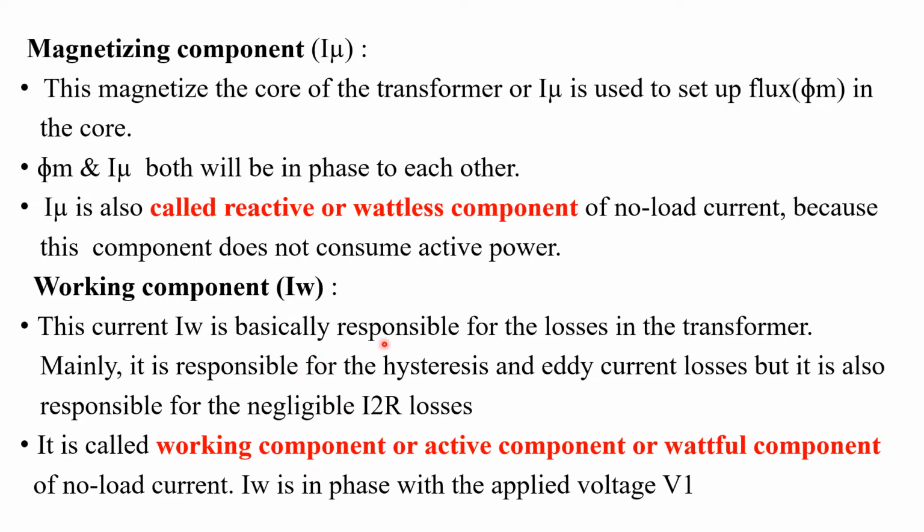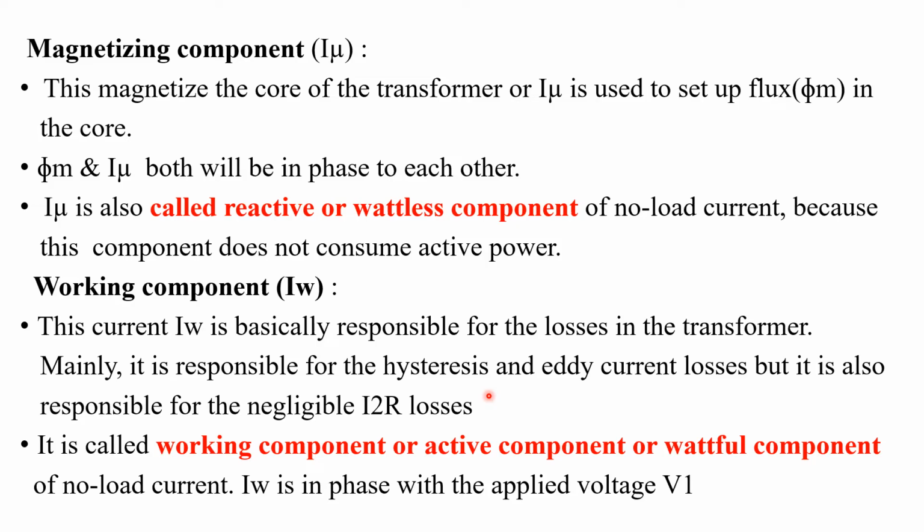Next we will see what is meant by the working component. It is normally represented by IW. Basically it is responsible for losses in the transformer, normally eddy current and hysteresis losses. The copper losses or I square R losses are negligible in this case because load is not connected to the secondary side, since it is a no load operation.